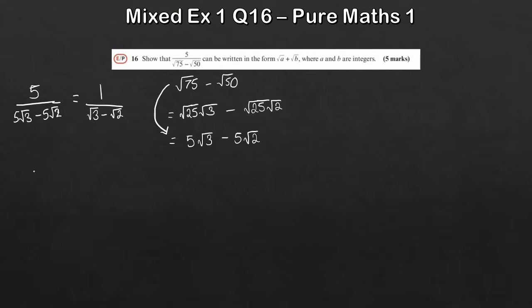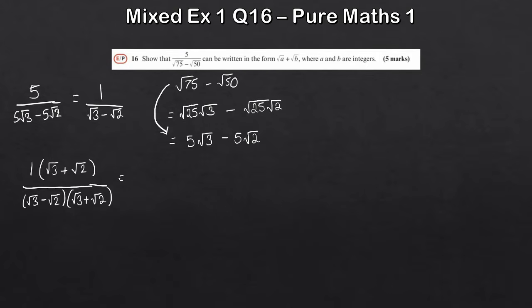So this will be 1 times root 3 plus root 2. So again, it's the conjugate, so it's the opposite sign, divided by root 3 minus root 2 times root 3 plus root 2.